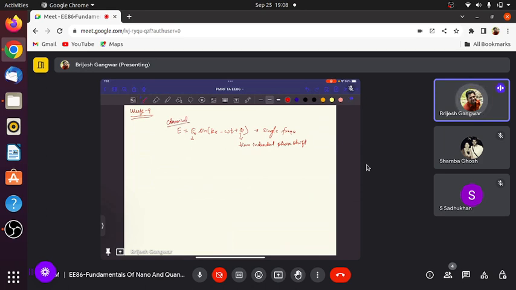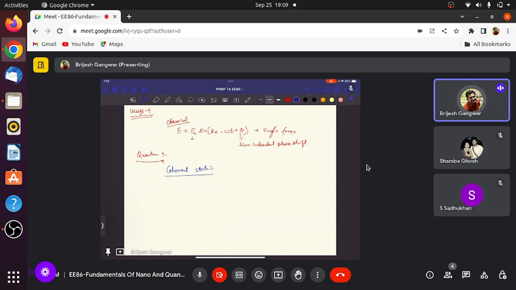So how can we represent the light in quantum nature, in the way of quantum mechanics? There is one word, coherent state. Do you know what a coherent state is?